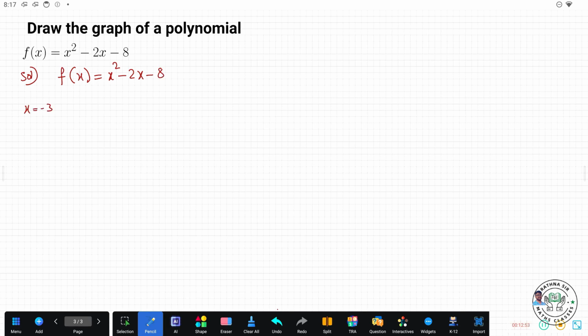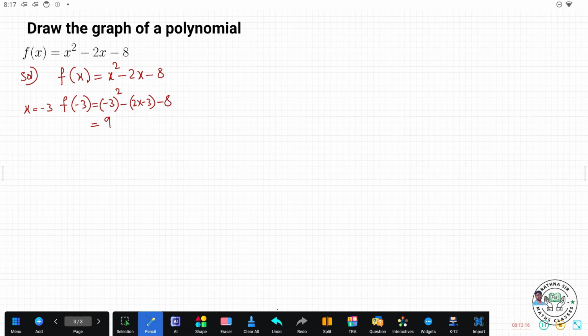x is equal to minus 3. So f of minus 3 is equal to what we will get? Minus 3 whole square minus 2 into minus 3 minus 8. Okay, so minus 3 square is 9.